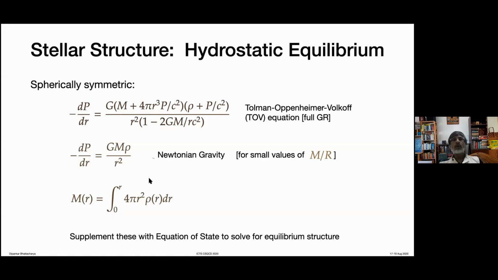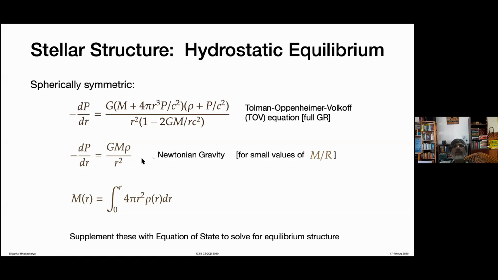If it involves other variable quantities like temperature, then you need to have one more equation to describe the variation of that quantity through the star to close the set of equations. And in case of temperature, it is the radiation transport from the center of the star to the surface that gives you an equation to describe the distribution of temperature within the star.